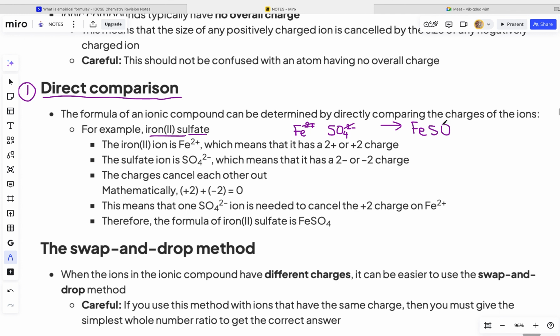Direct comparison is when we have equal magnitude, equal number of the ions. If they are the same, then we use direct comparison, meaning they just cancel each other out. You have the formula like this, FeSO4. Is that okay? Because you have 2 plus, 2 minus, plus and minus will cancel, and then the formula becomes FeSO4.